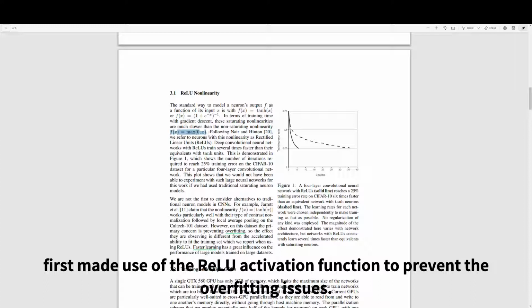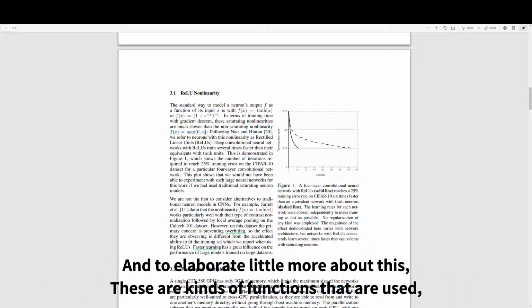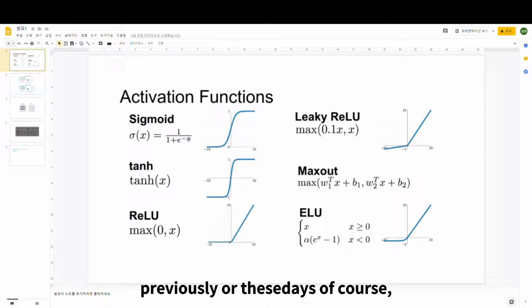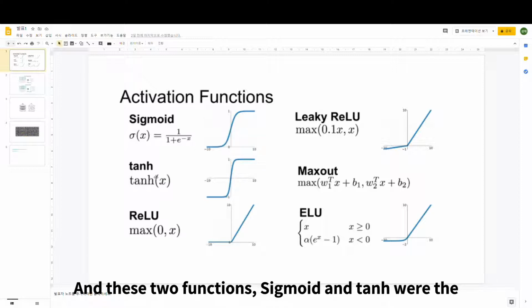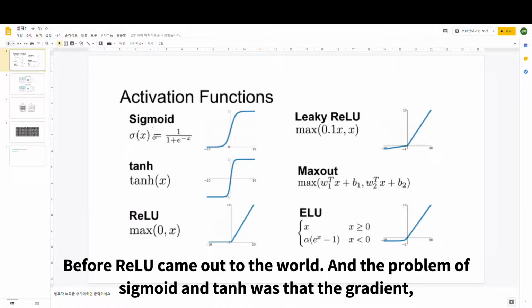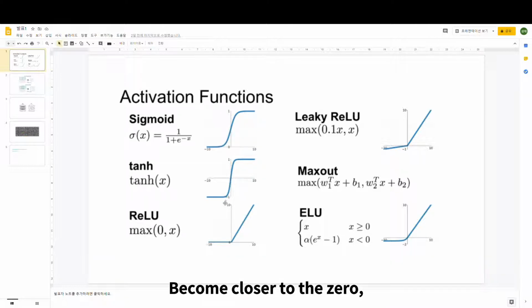To elaborate a little more, these are the activation functions that were used previously, and are still used these days. Sigmoid and hyperbolic tangent were the most used activation functions before ReLU, and their problem was that the gradient becomes closer to 0 at each side.